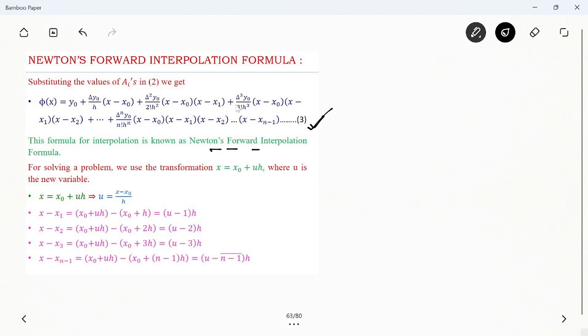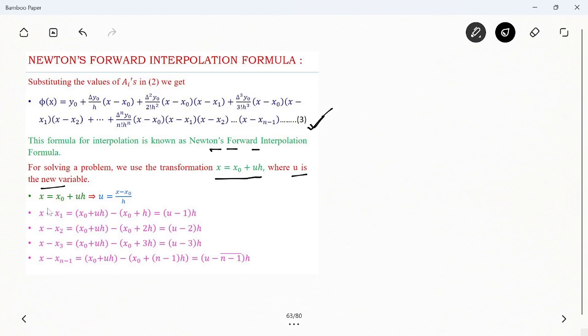But when we are solving some problems, this formula is not so easy to handle. For this reason, we use a transformation to make it useful for calculation. We use the transformation x equals x0 plus u h, where u is the new variable.